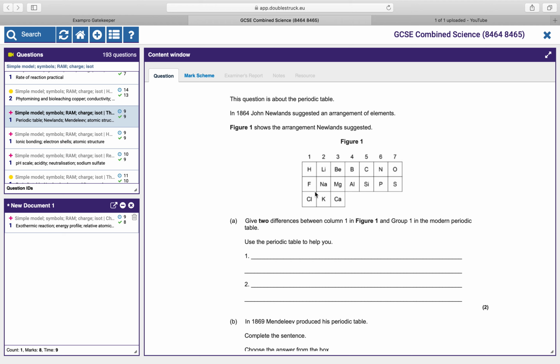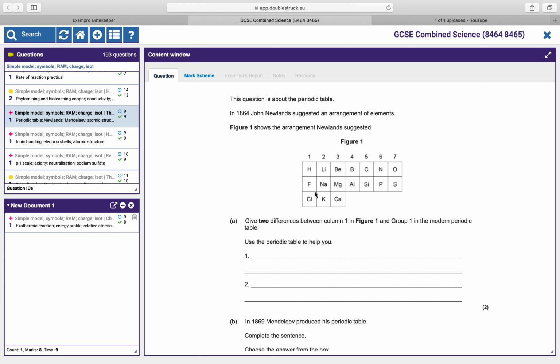Rather than saying group 7 elements, it's best to stick to something like halogens, because then it's clear what you mean. Okay, so we're going to say the halogens are in the first column, whereas in the modern periodic table they're in group 7.